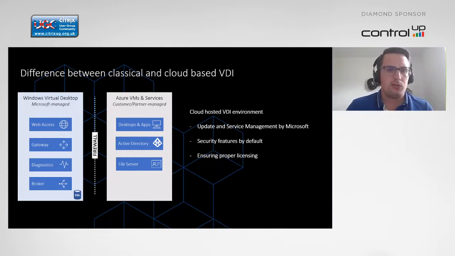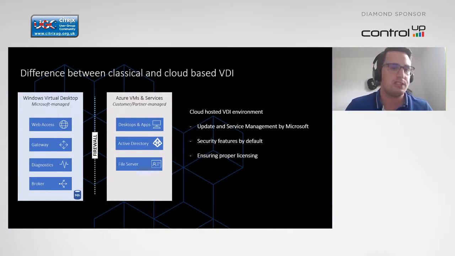But when we have a look at what advantages we have in such a cloud-hosted VDI environment, we see that update and service management will completely be done by Microsoft when it comes to the infrastructure components you see on the left-hand side.